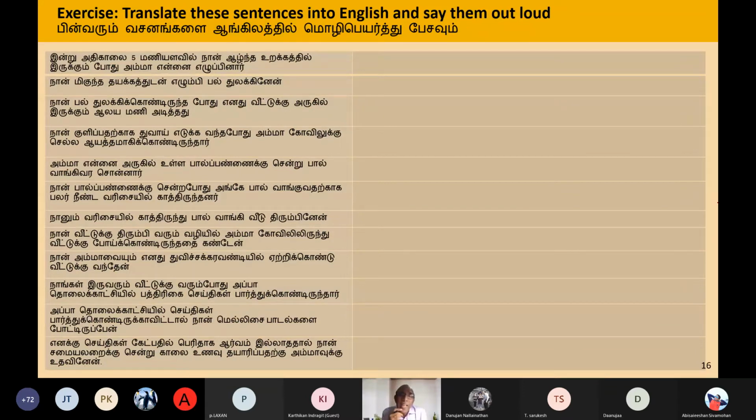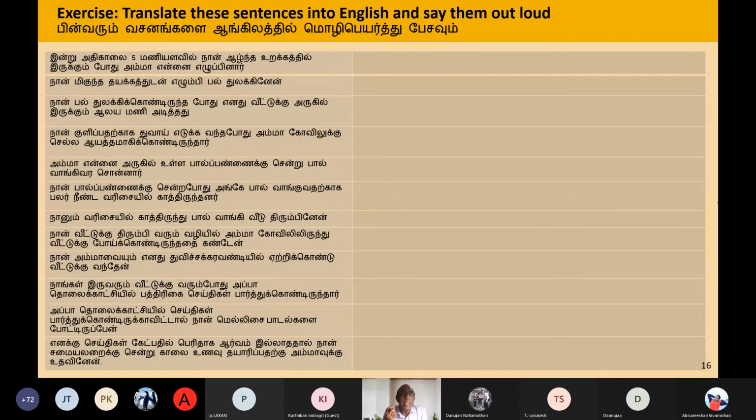so let's say now I go to Abhishaisen. Let's say we start with this morning. Because it says, Indru Adhikalai 5 mani alavil. That's what it says. So I'm going to start this morning. Finish the sentence for me then. This morning, my mom woke me up while I was sleeping. While I was in deep sleep.